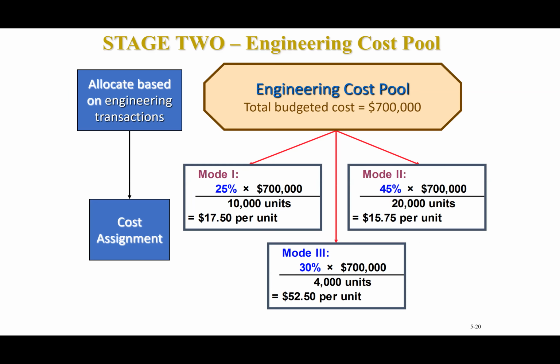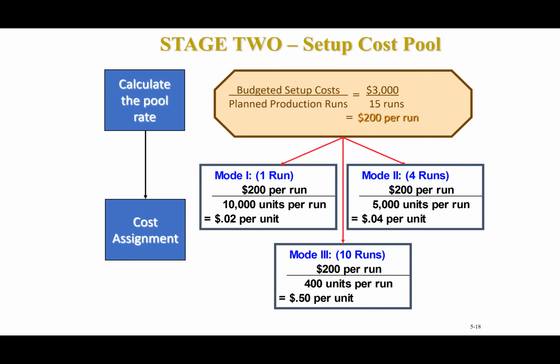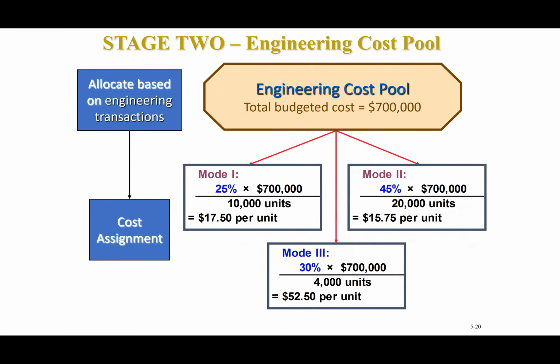Okay, so this is an example that sometimes, as in the previous one, we give you quantities based on how many runs, but other times we use proportions. In this case, engineering cost is by proportion. So 25% goes to Model 1, 45% to Model 2, 30% to Model 3. We use those proportions times the total cost of $700,000.